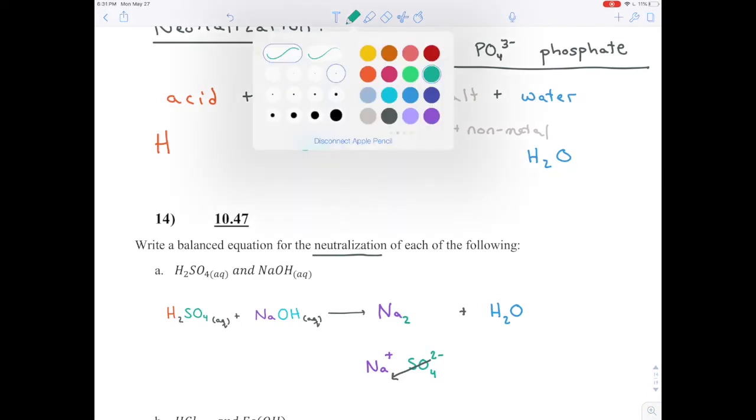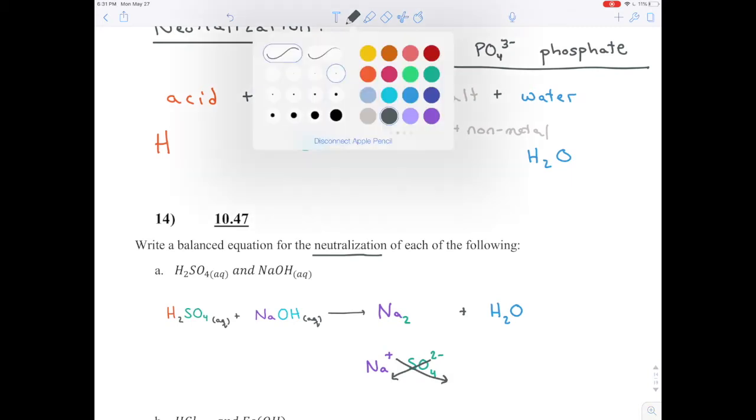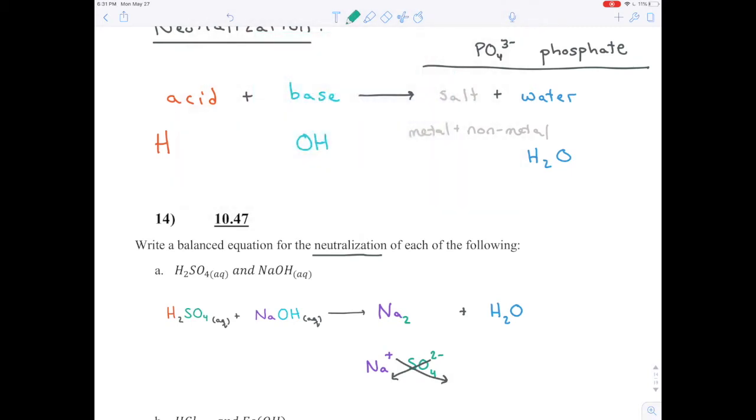And the 1 at the top right of sodium will become a 1 at the bottom right of sulfate. Except that by writing sulfate, you know that you have one of them, and so it would be redundant to write a 1 down here. That is implied by the sulfate being there. Okay, so this is our equation, and now we just have to balance this.